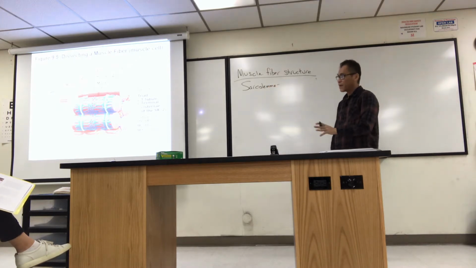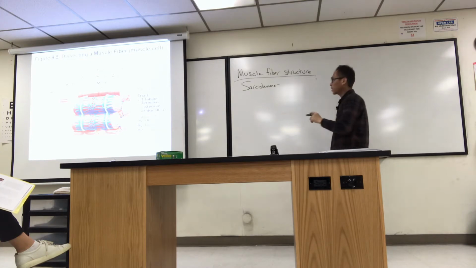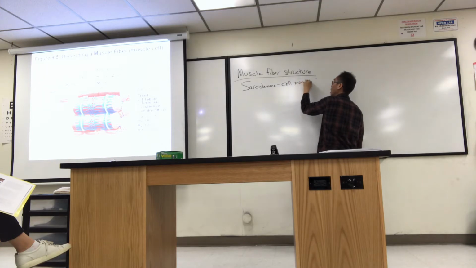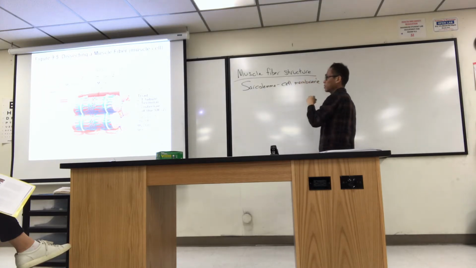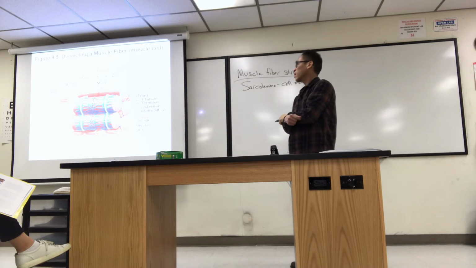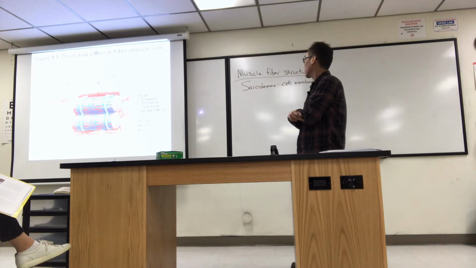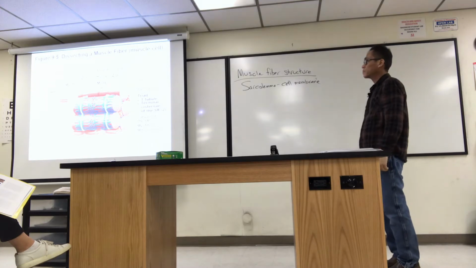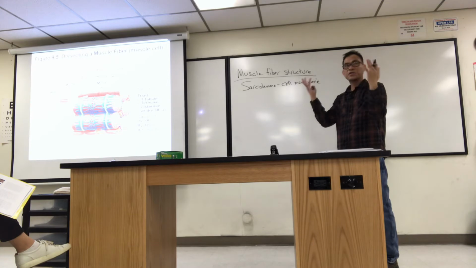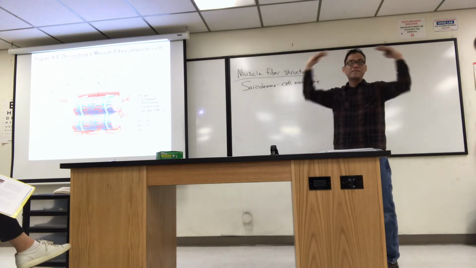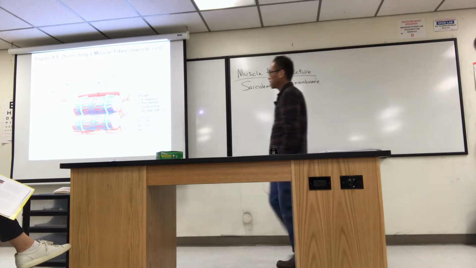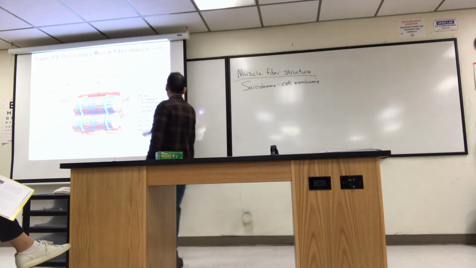It's not the endomysium, it's the cell membrane. The thing about this cell membrane, it's not a flat sheet. There are going to be all of these invaginations where it kind of burrows in. Well, let me just show you.